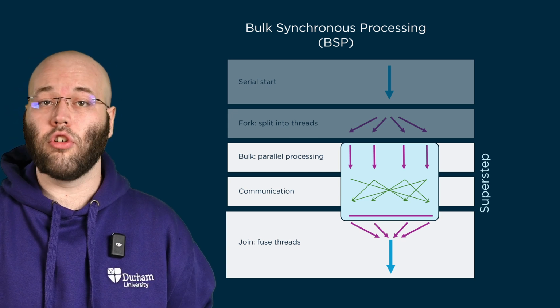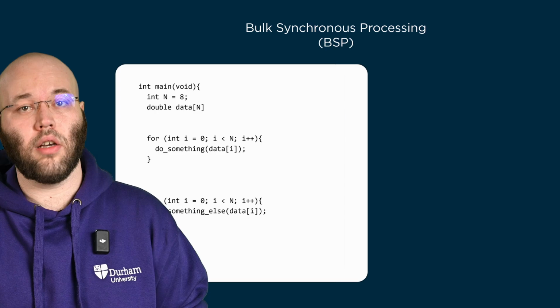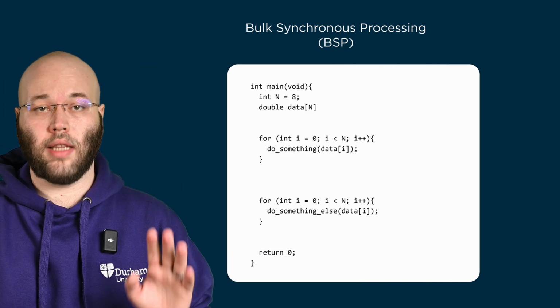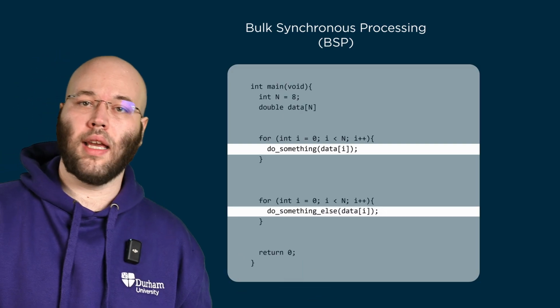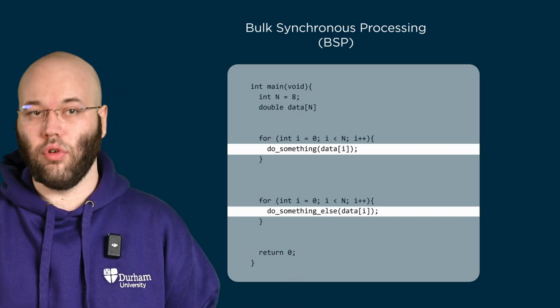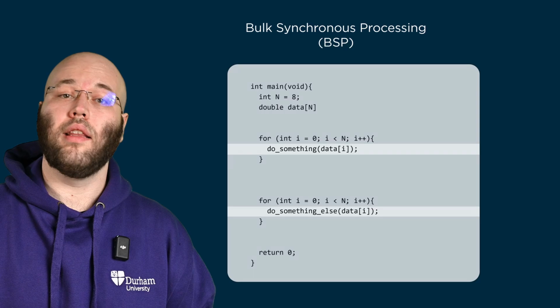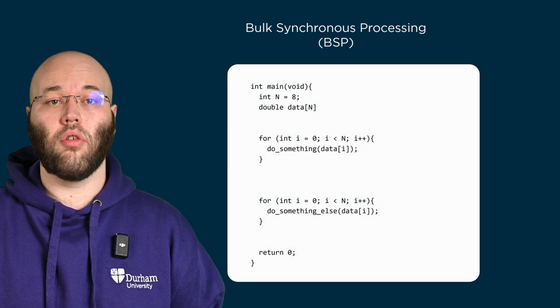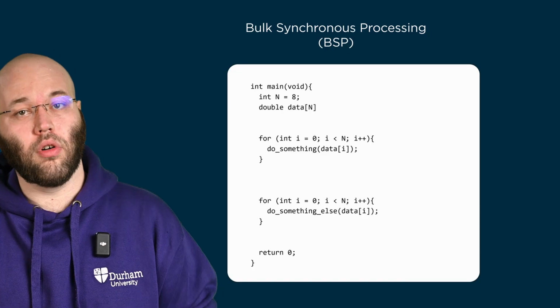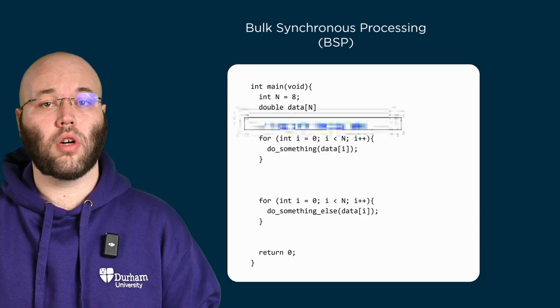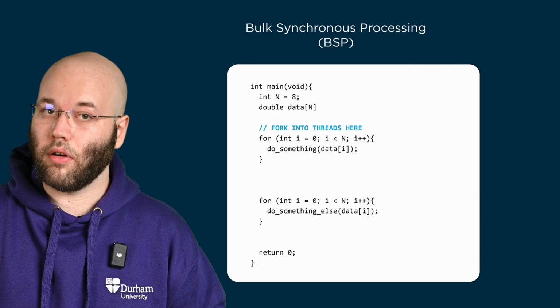To use a more concrete example, consider the following C code where we have some array called data and perform some operations, do something and do something else, in 2 subsequent for loops. In the BSP model, we enter the program as a serial code. Before computing the contents of the first for loop, we tell the program to fork several threads to solve them in parallel.